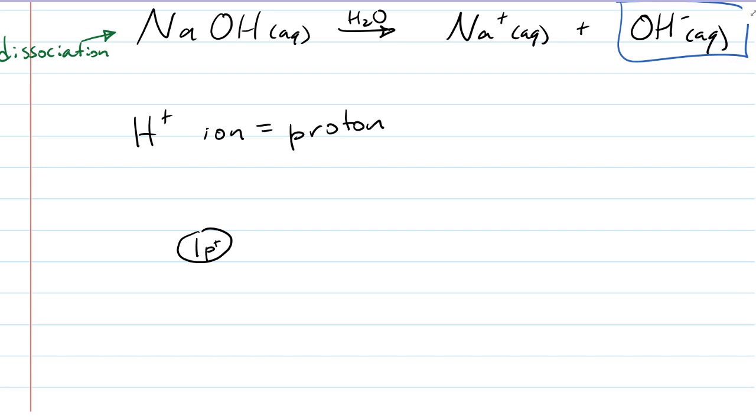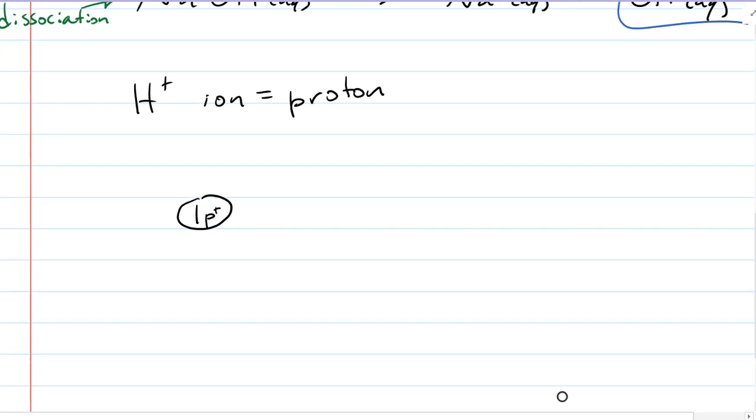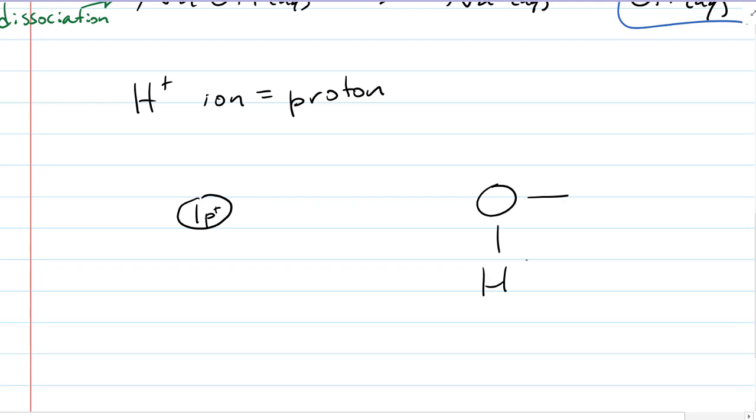And in the case of water, what happens is that if we put an acid in water, it turns out that water has a shape like this, and we'll be talking more about electron geometries and electron dot structures later on in this course. But these dots here represent pairs of electrons that are on the outside of this oxygen.